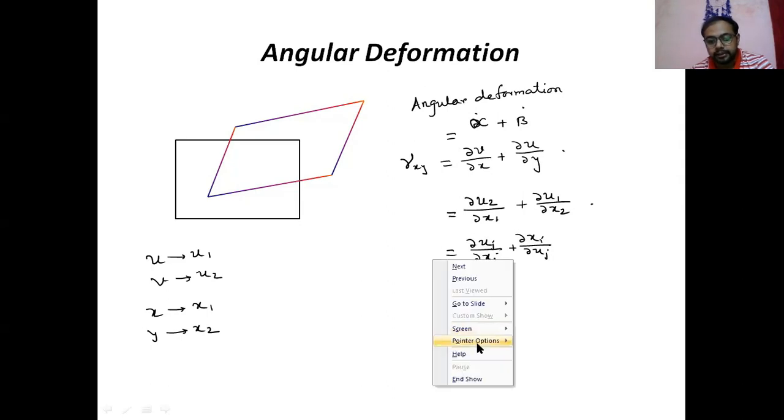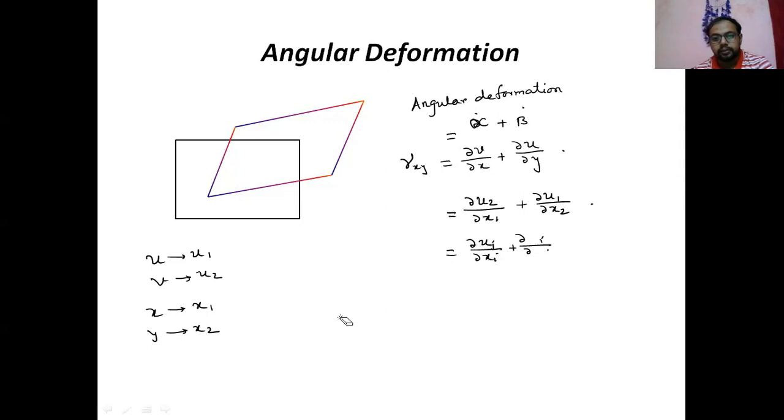Now in the indices form, we can write E of Ij is equal to del Ui del Xj plus del Uj del Xi.